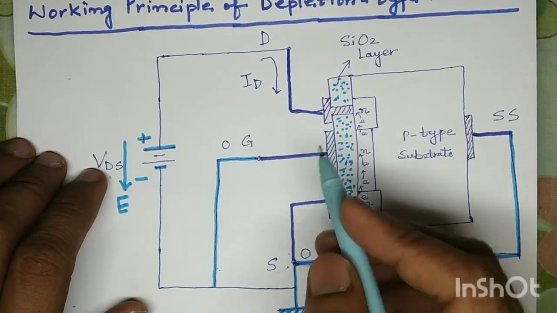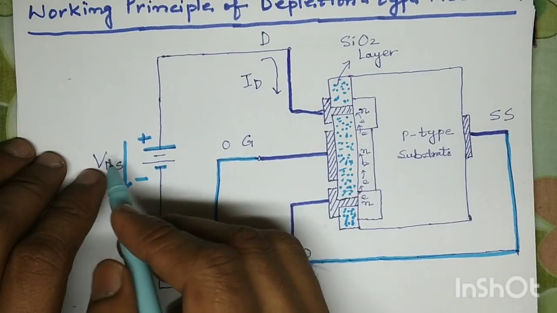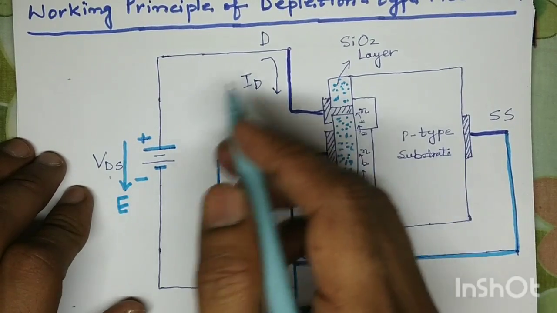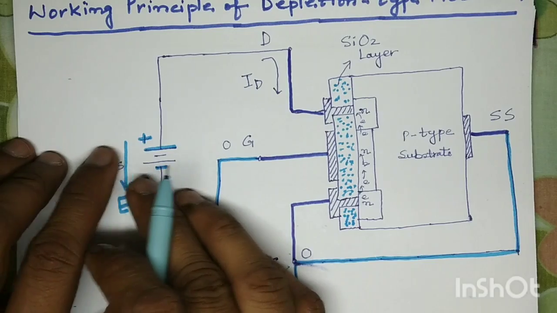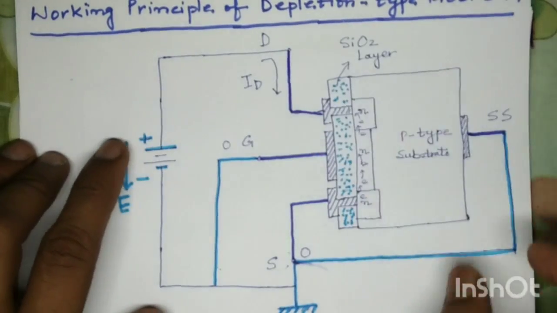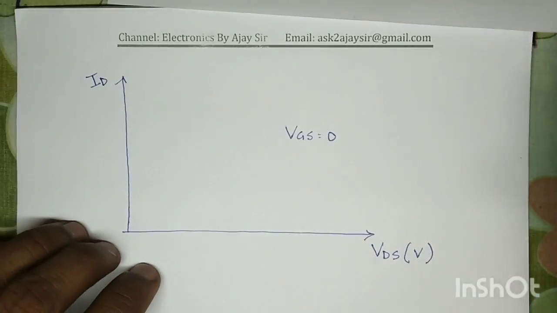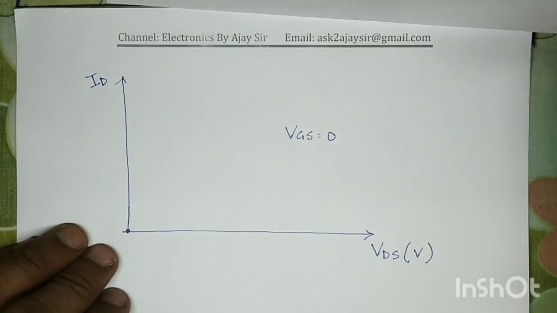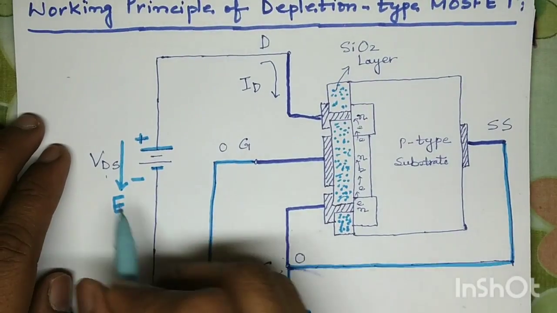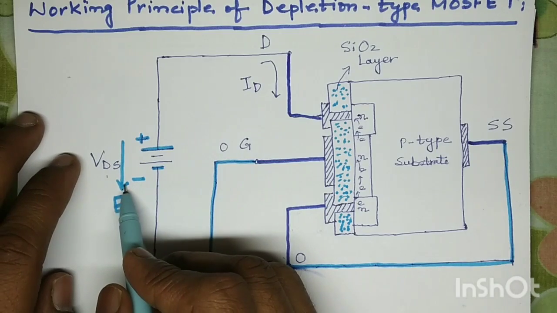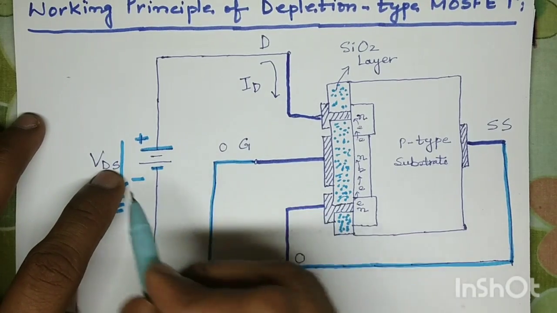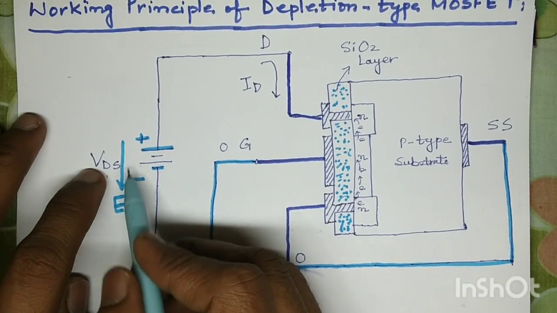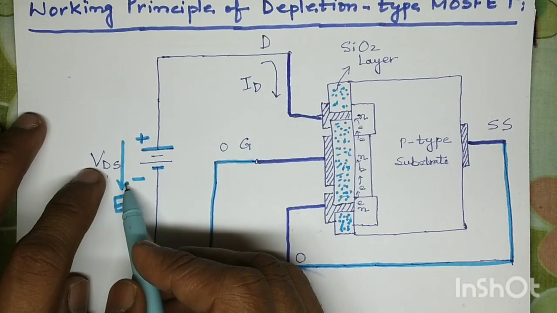In this case VGS equals 0, and if VDS is also 0, then no electric field will develop in the circuit and there will be no motion of charge carriers. In this case when VDS equals 0, ID is also 0. Now when we increase VDS, when we apply some positive value to VDS, an electric field will develop in the downward direction.